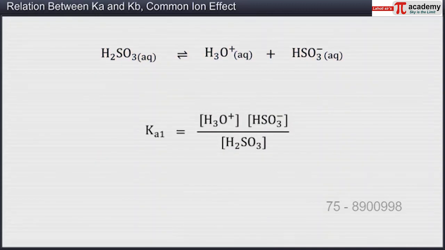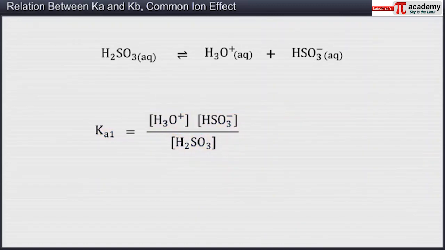The first acid dissociation constant, represented by Ka1, is equal to the product of concentration of H3O plus and HSO3 minus divided by concentration of H2SO3. Experimentally, its value is found to be 1.7 multiplied by 10 to the power of minus 2.